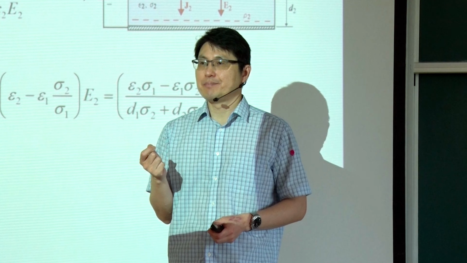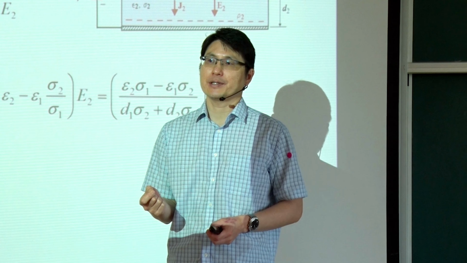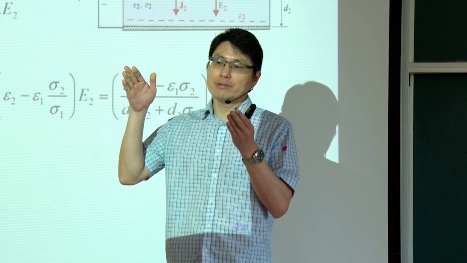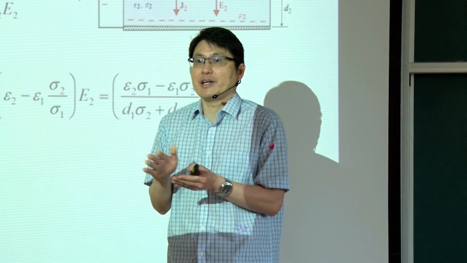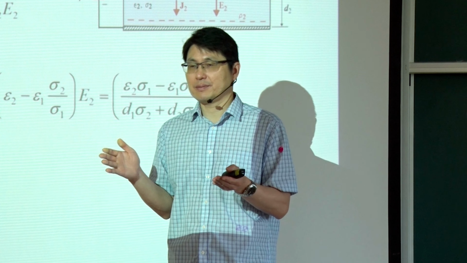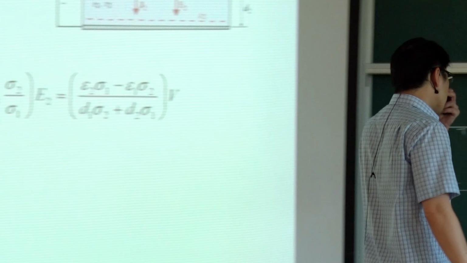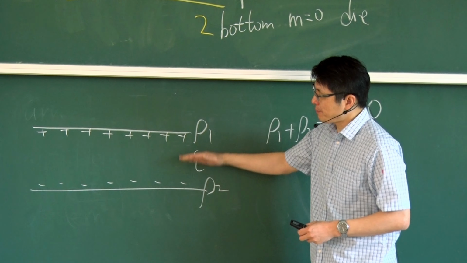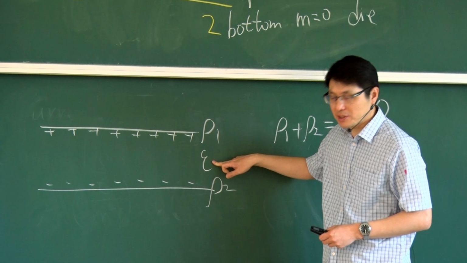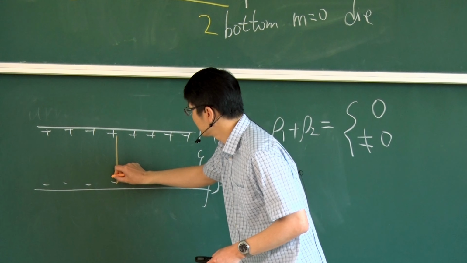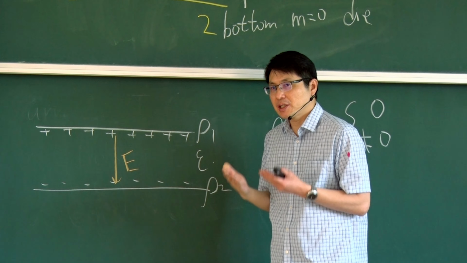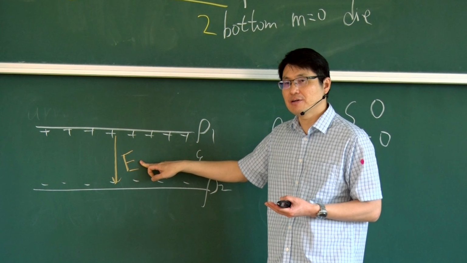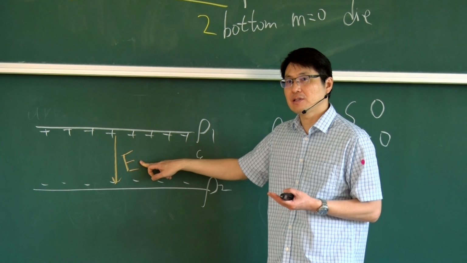We emphasized charge neutrality, right? The total number of charges needs to be maintained at 0 because you don't create charges magically. So when the parallel capacitor is filled with only one material, the top interface and the bottom interface share the same strength of E field.